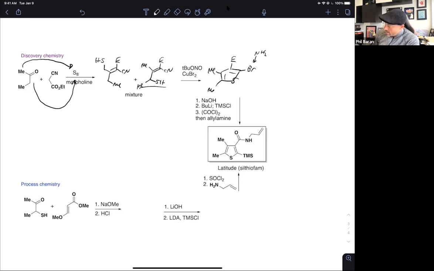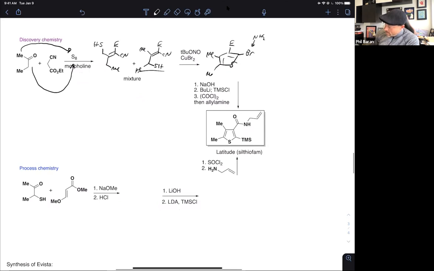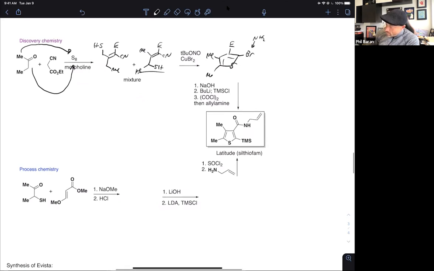Great. Now, the process chemists don't have the luxury of being able to separate things and having even small amounts of impurities. So the way they go about fixing this problem is starting with this compound pure, derived from this ketone, which is apparently cheap and commercial.